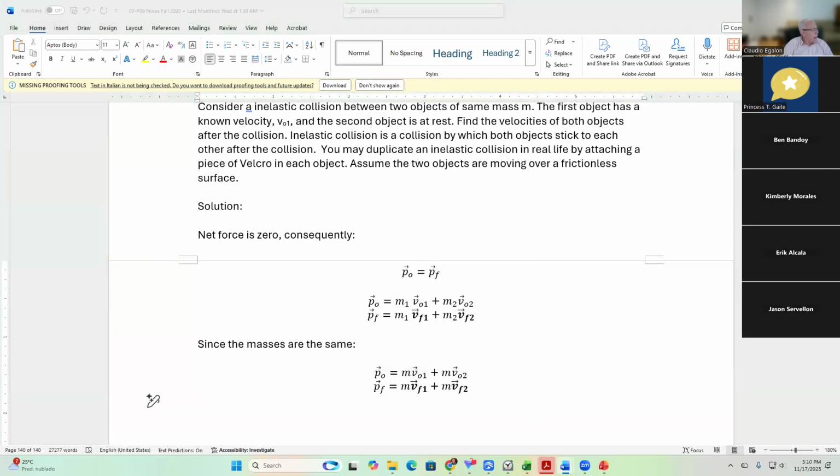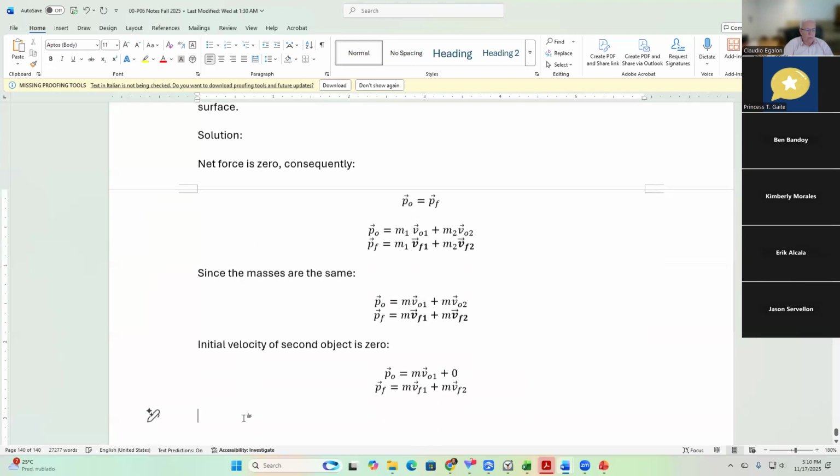We are also going to apply that the initial velocity of the second object is 0. So the initial momentum is going to be just m v01.